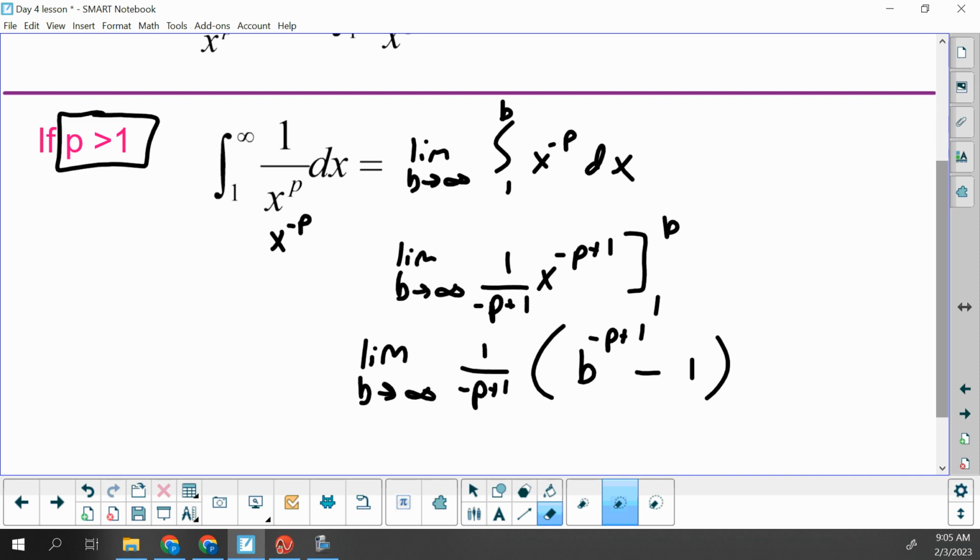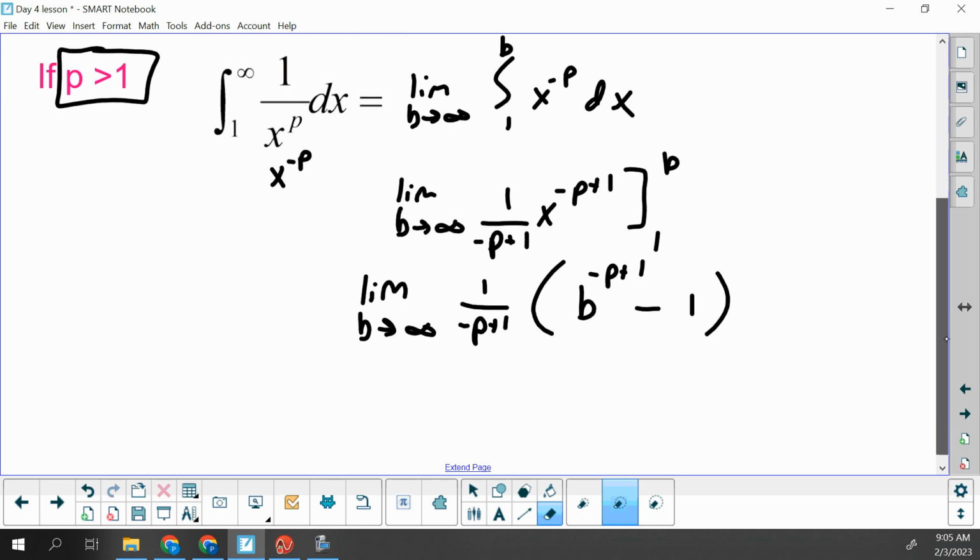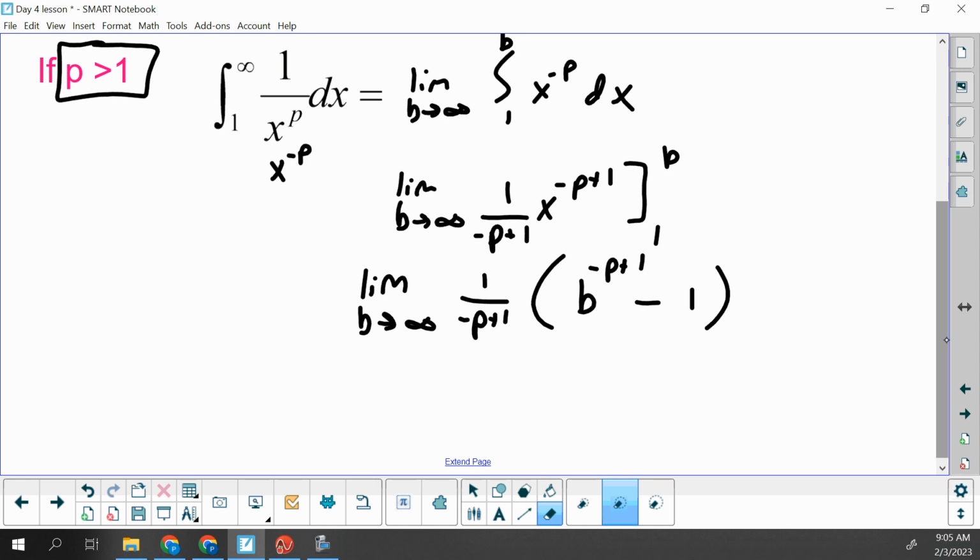So we want to think about what value of p will we need to make this converge. Well, the scenario we're looking at here is we're going to consider p to be greater than 1. So what we need to imagine is if this p value is anything bigger than 1, it gets negated, and then we are adding 1 to it.